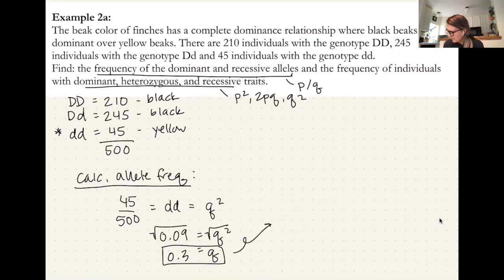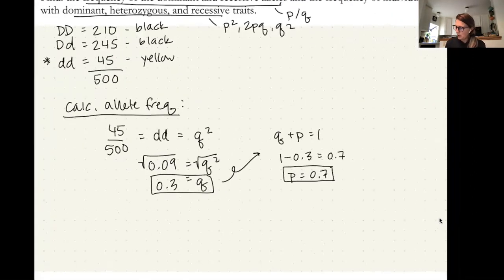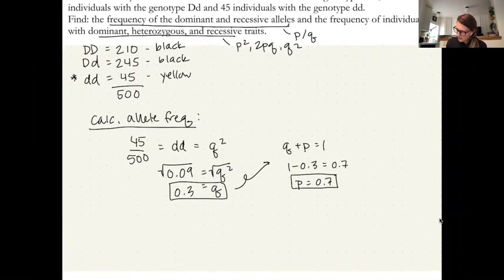Then to find P, remember, Q plus P is equal to 1. So 1 minus 0.3 is going to be 0.7. So P is going to be 0.7. All right. So those are our allele frequencies. So now we are going to calculate our genotype frequencies.